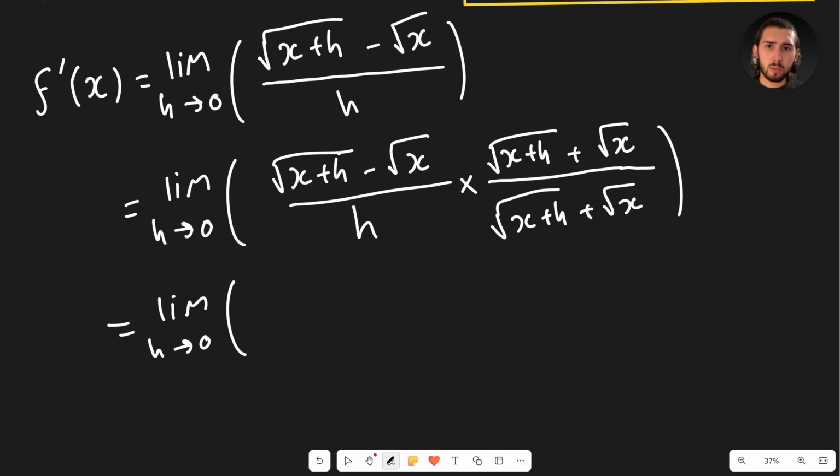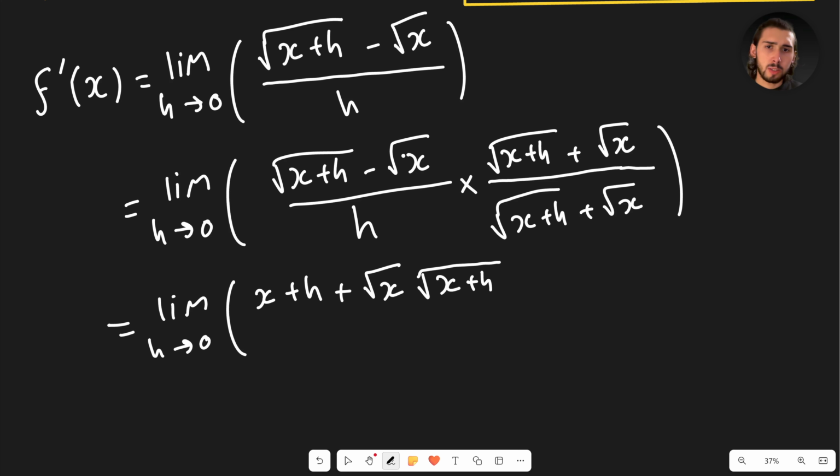So if we multiply this all out, we'll have the square root of x plus h times the square root of x plus h, which is x plus h. And then doing the outside, so this one here and this one here, we will have the square root of x times the square root of x plus h, so plus root x plus h.